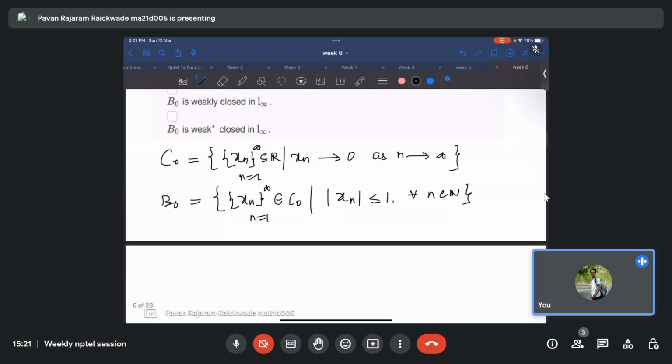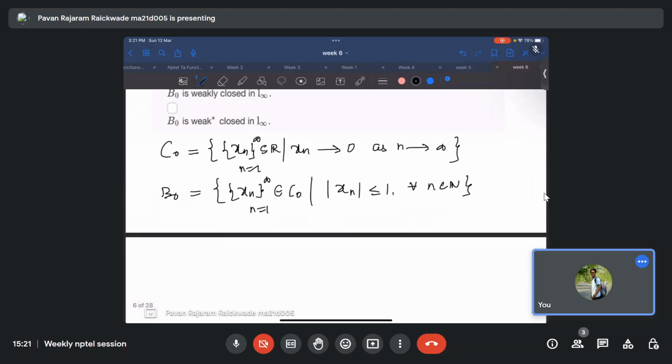So first, what we know is B naught is closed in c naught, because we are taking it as the closed unit ball of c naught.